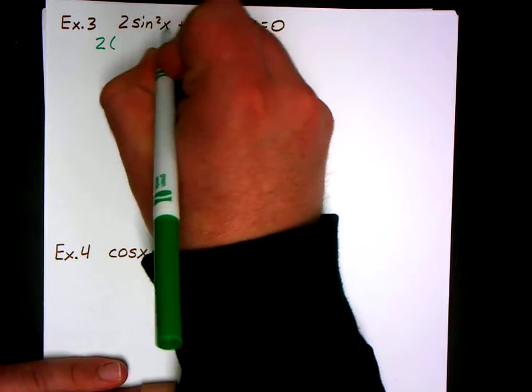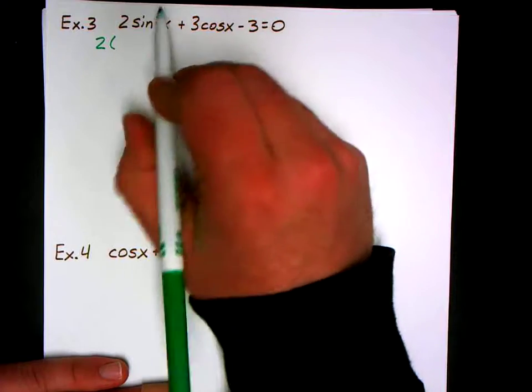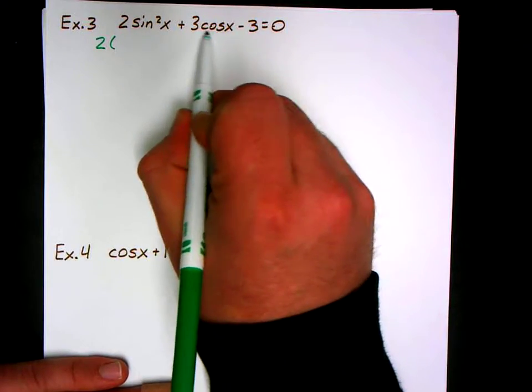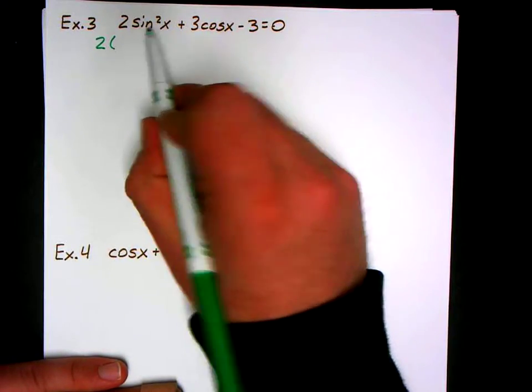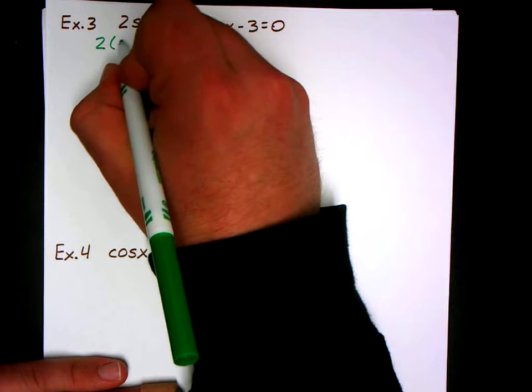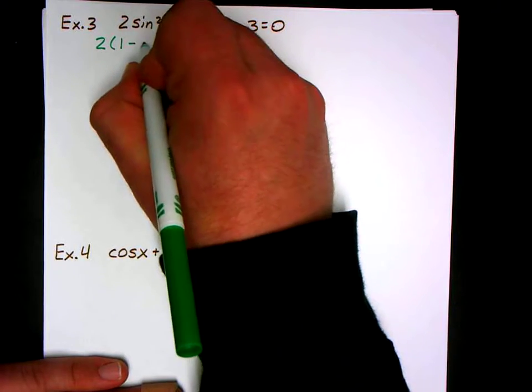So I need to change this into cosine because there's no way to get rid of this cosine. So I need to change sine into cosine.